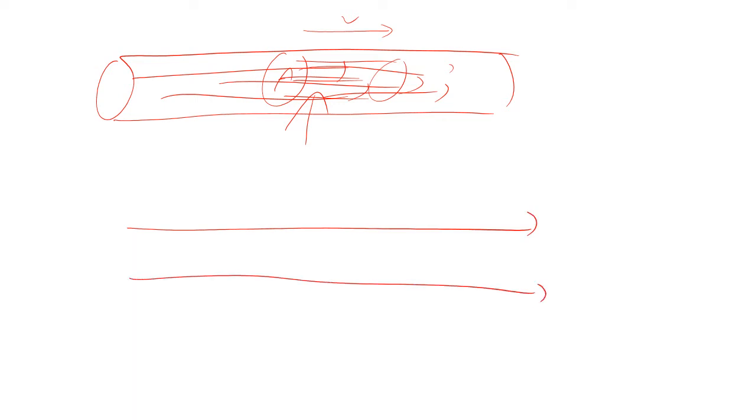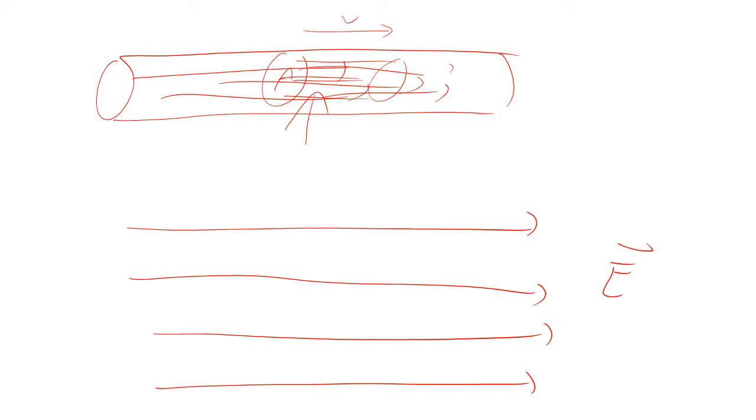So if we've got an electric field and we've got an area over which the electric field goes through, they realized that, well, the bigger the area, the more field goes through it. And so they define something called the flux, the electric flux, and it's going to be the electric field times the area.